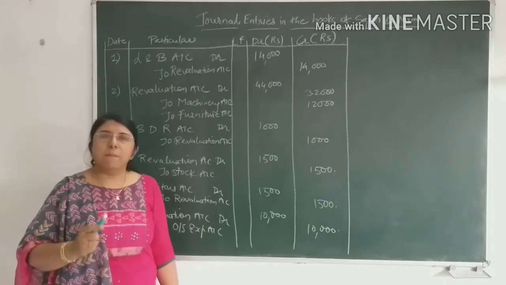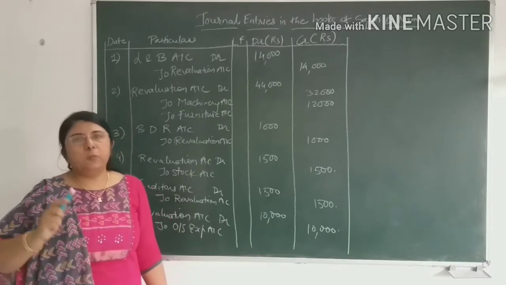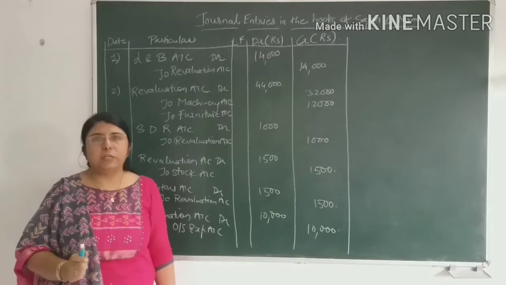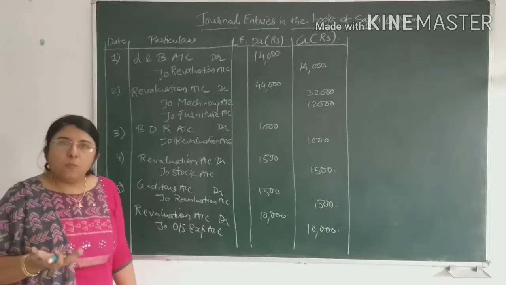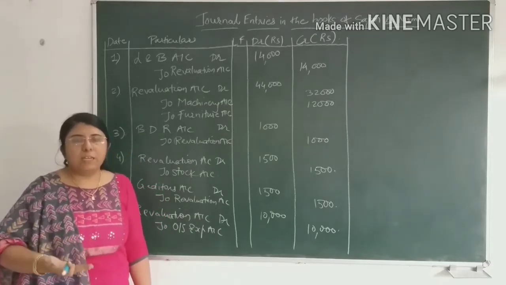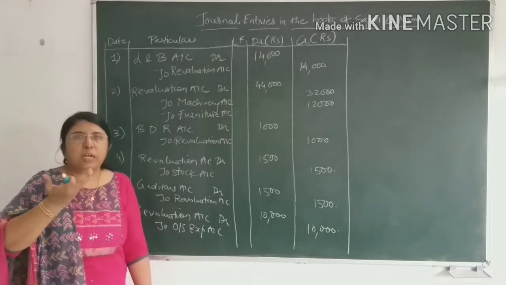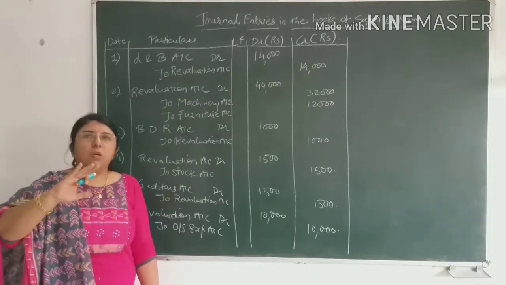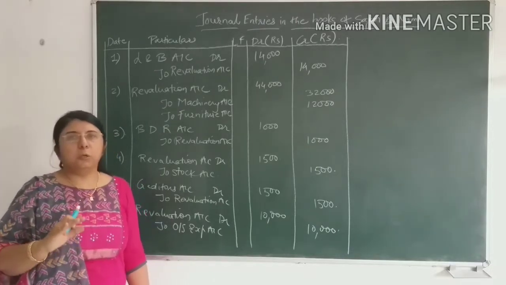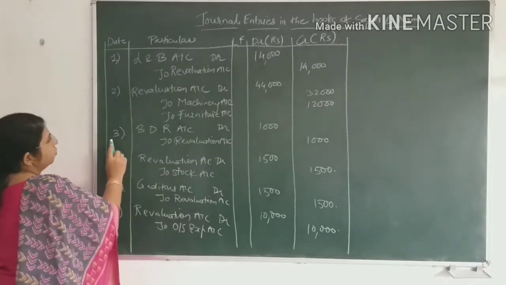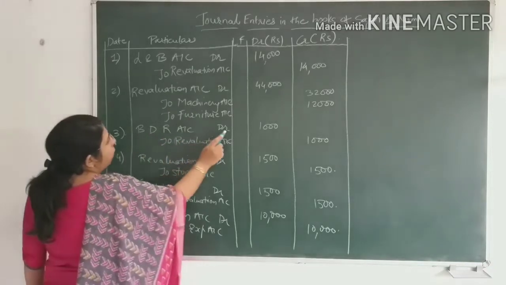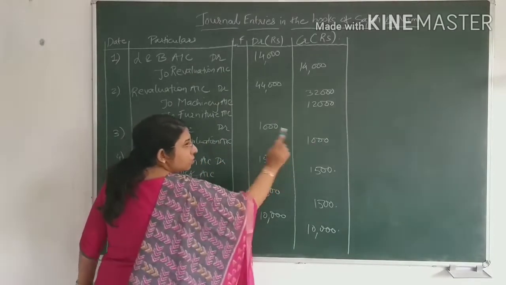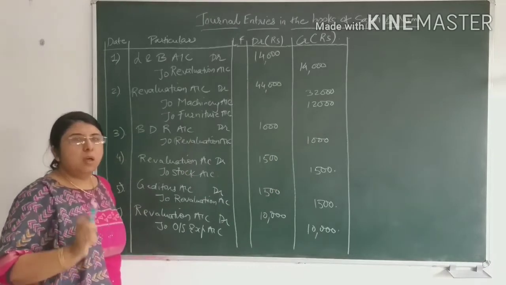Now 40,000 minus only 500 you have to do, and you will be showing 39,500 in the outer column in the new balance sheet after revaluation. So because of the decrease in bad debt reserve, value of debtors is increased. Debtors is one kind of an asset. Due to increase in the value of asset, revaluation account will be credited because profit will occur to the firm. So the next journal entry, that would be bad debt reserve account debit by rupees 1000 to revaluation account credit, that is rupees 1000, as profit occurs to the firm.